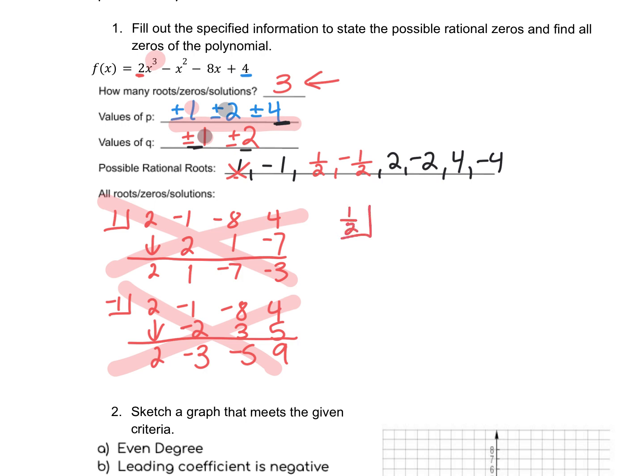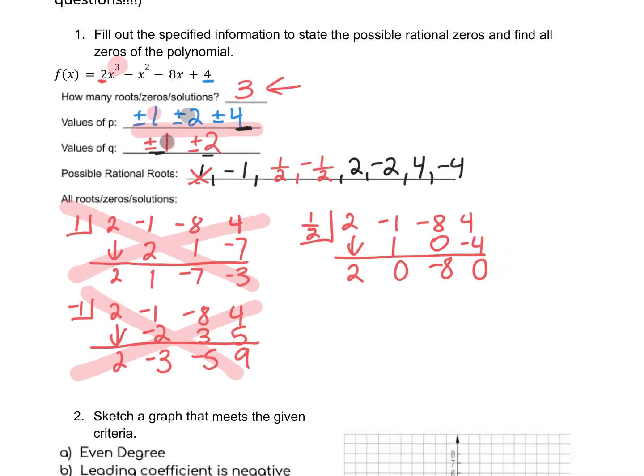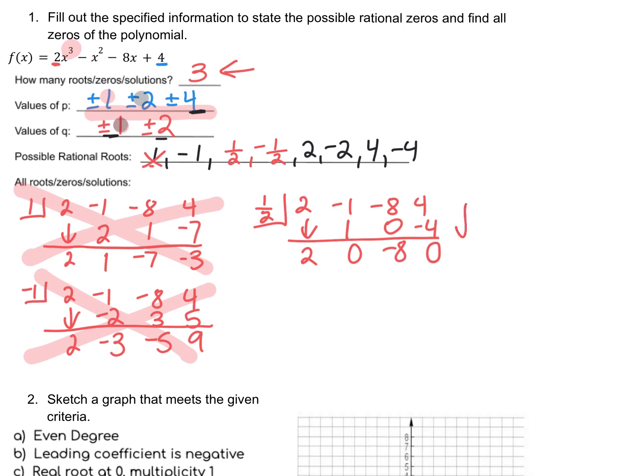Up in my ledge, same numbers, 2, -1, -8, and 4. Drop it down, 2 times 1/2 is 1, add these up. 0 times 1/2 is 0, add these up, and -8 times 1/2 is -4, giving me a remainder of 0. Awesome, awesome, awesome. This one checks out. X equals 1/2. Go ahead and box that in. That's your first answer. Perfect.